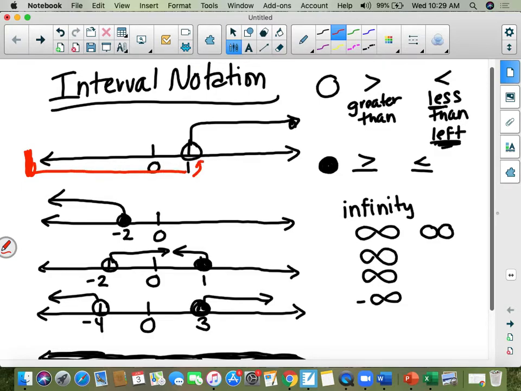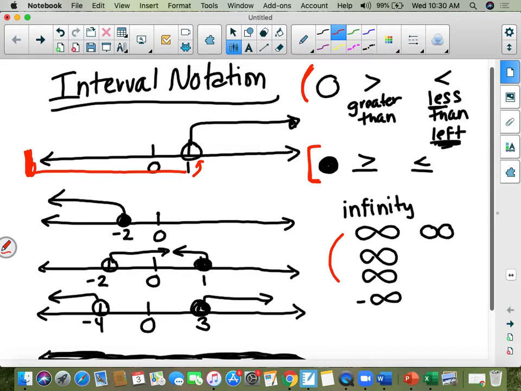Notice that there's an open circle at 1. You also need to know that if it's an open circle, you use parentheses. If it's a closed circle, you use brackets. And you use parentheses when you do infinity. I'll say it one more time so that hopefully you get it into your brain. Open circle, parenthesis, closed circle, bracket, infinity is also parentheses.